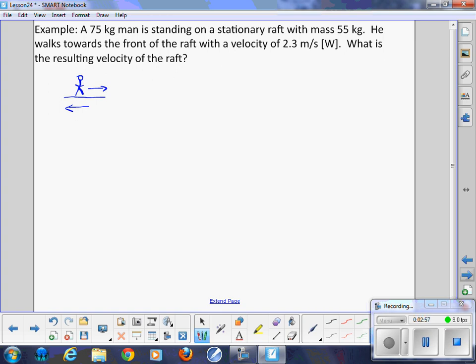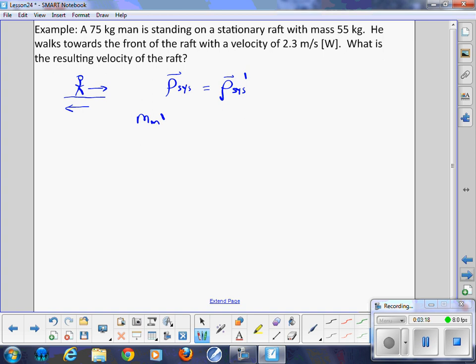Well, basically we just have to analyze the momentum in this system prior to the man moving, setting it equal to the momentum in the system afterwards, because momentum is always conserved. So what do we have?